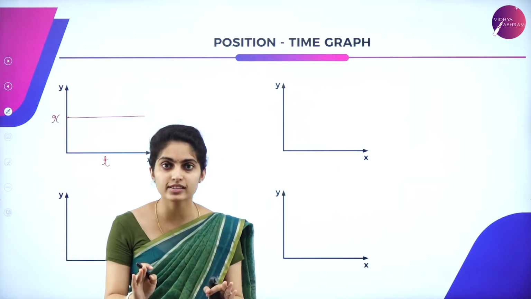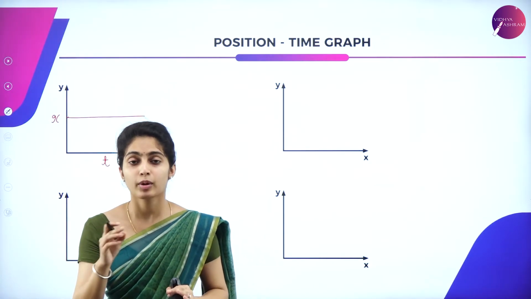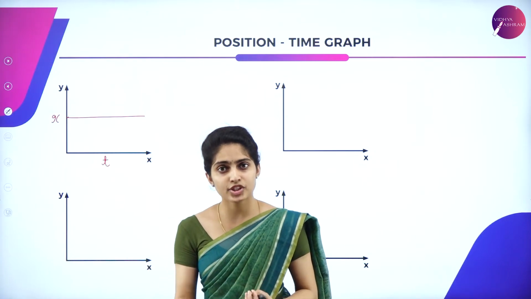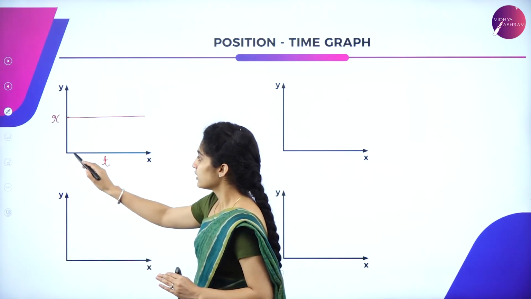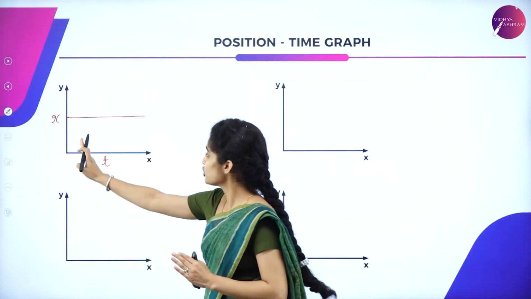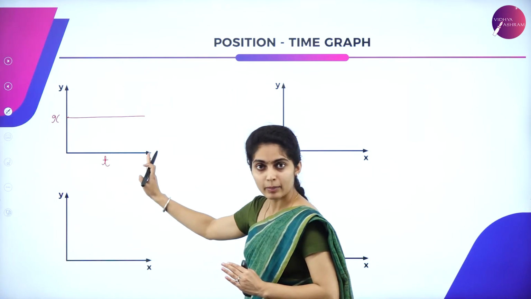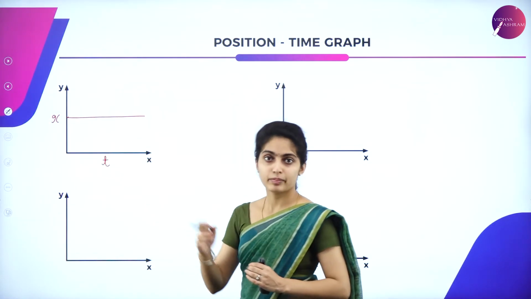It doesn't stay still. It keeps on changing. But the position can change or it can be at the same place. So this is the change in time. So this line represents there is a change in time, but the position of the object lies in the same place.